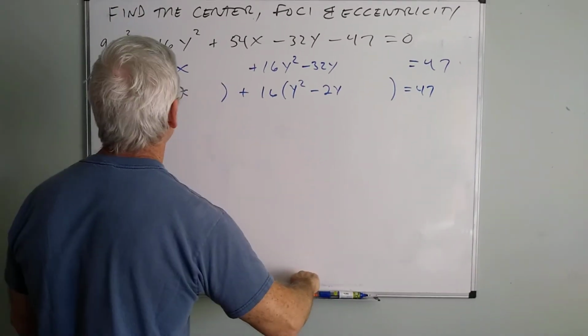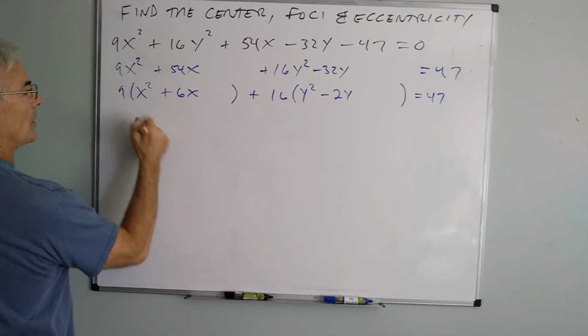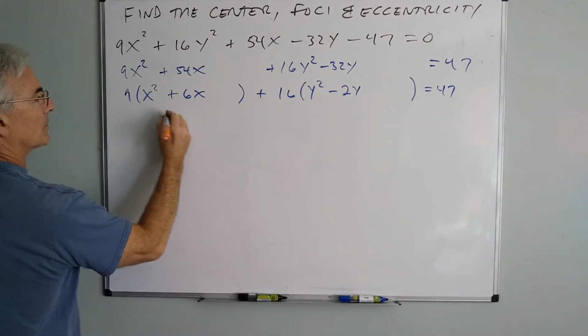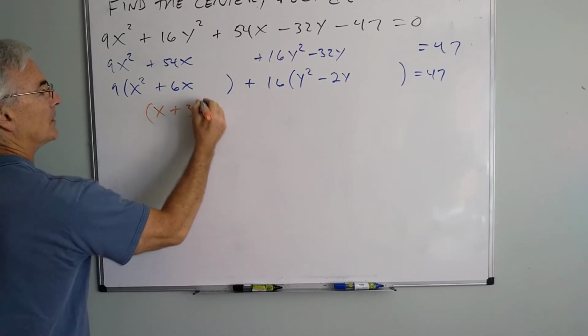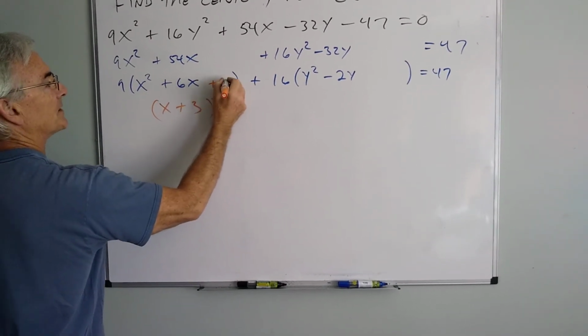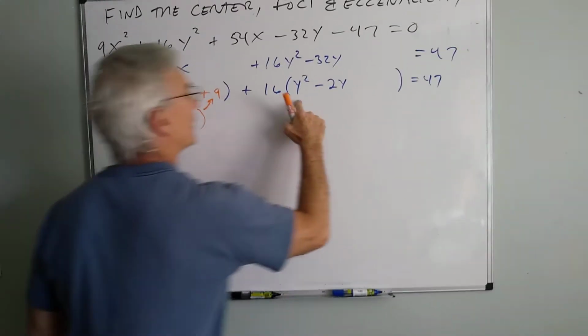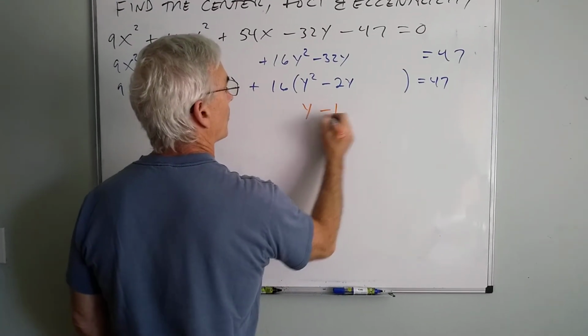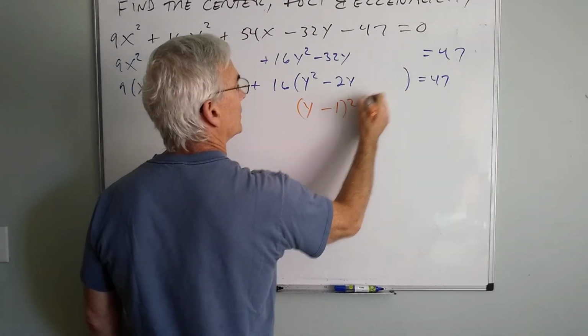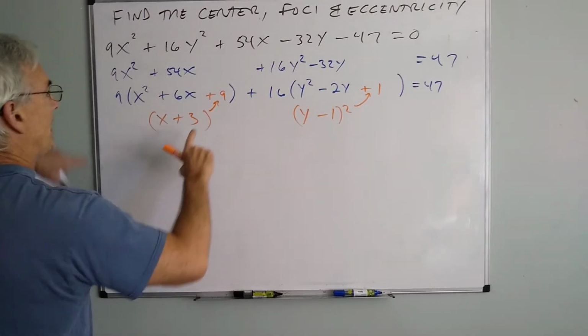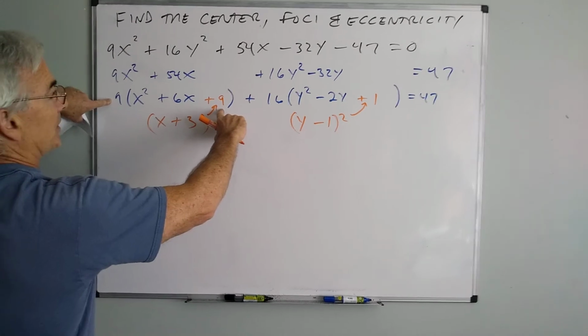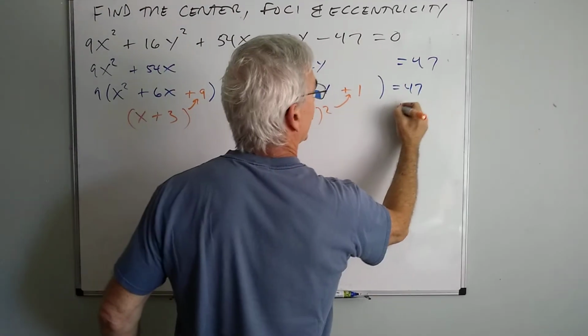so the question is, what do I need to put in here? Well, we recognize right here this is going to be of the form x plus 3 quantity squared, so I need to put right here a 3 squared. Over here, we recognize this is going to be of the form y minus 1 quantity squared, so I'm going to need to put a 1 squared right here. But in actuality, I added 9 times 9, so I added 81.